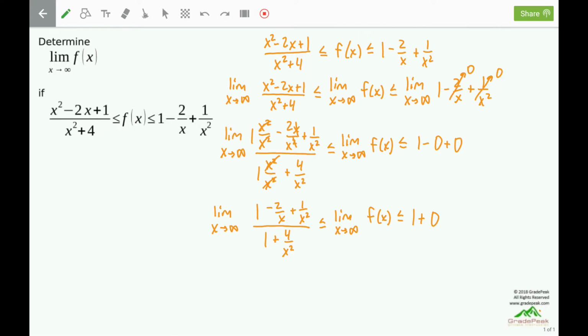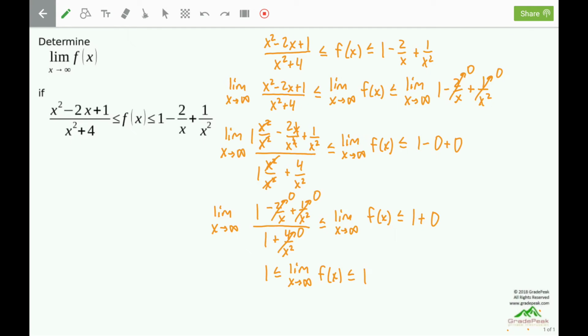Each term that is a constant divided by x to a positive power will go to 0 as x approaches positive infinity. The result is 1 divided by 1, which is a 1. Leaving the middle limit alone. And then 1 plus 0 is a 1.